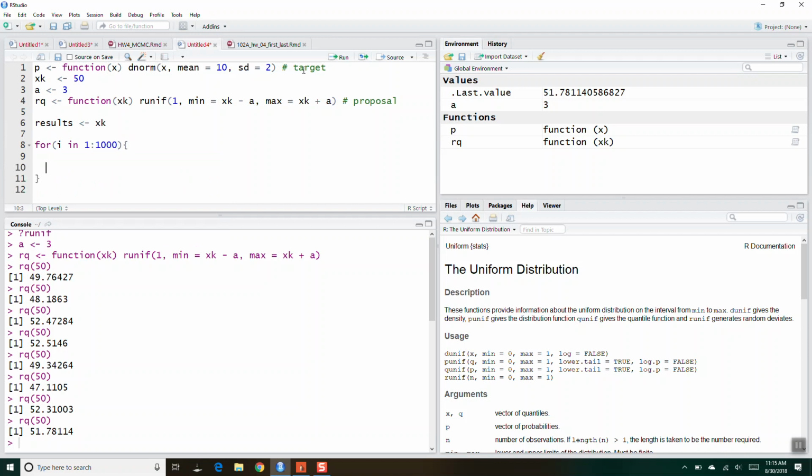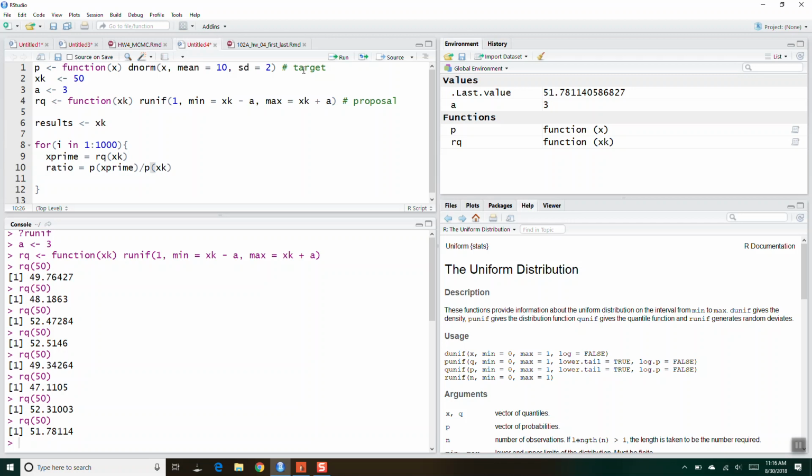We'll just do 1,000 iterations. We will call this x prime. X prime is going to be our random proposal. So we're going to plug in our current xk. And then our ratio will be equal to the probability of x prime divided by the probability of our current value, xk.